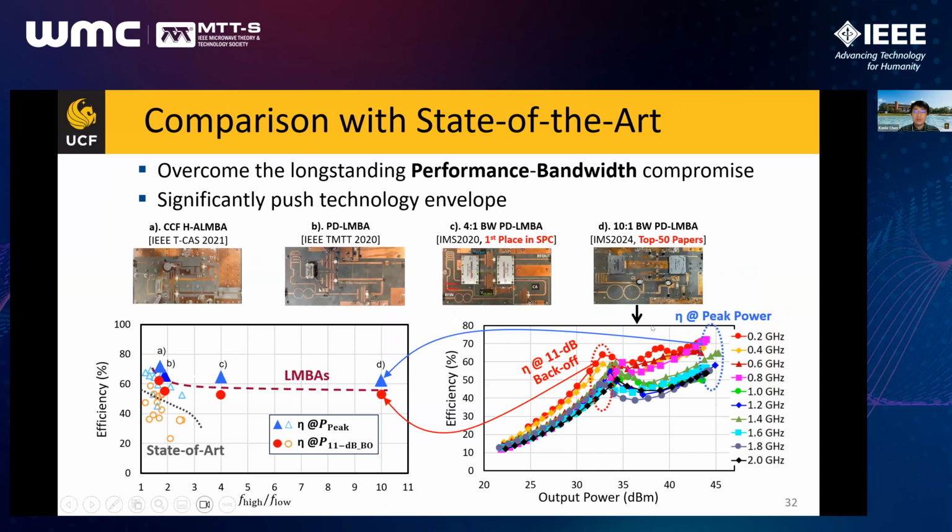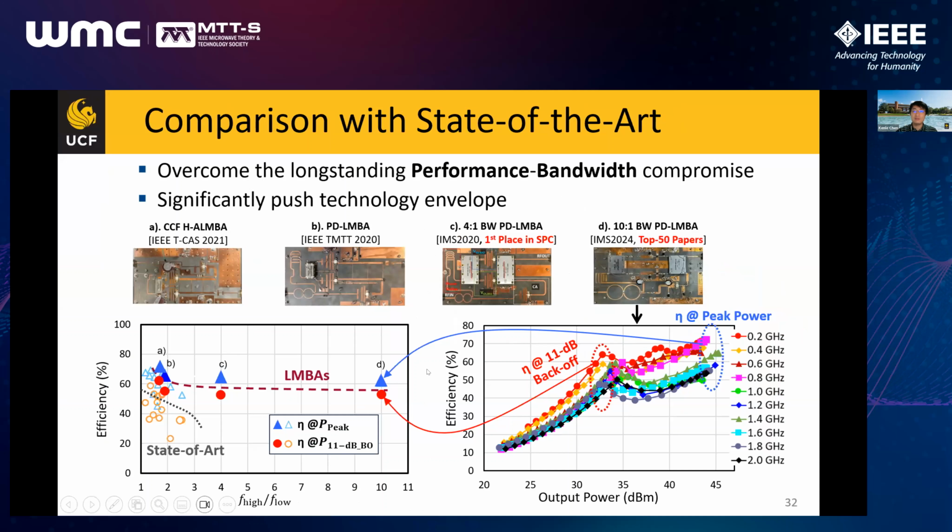Then I'm going to make an overall comparison of the LMBA with the state of the art. Here I'm marking all those LMBA prototypes we developed in recent years and mapping them into this comparison graph.